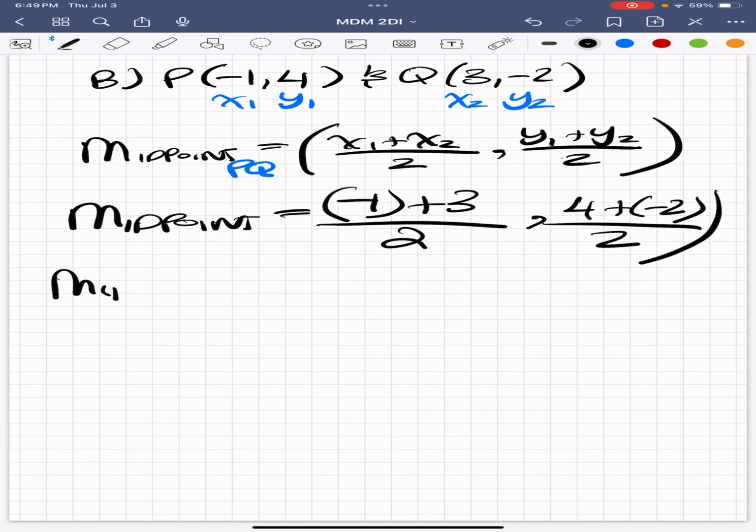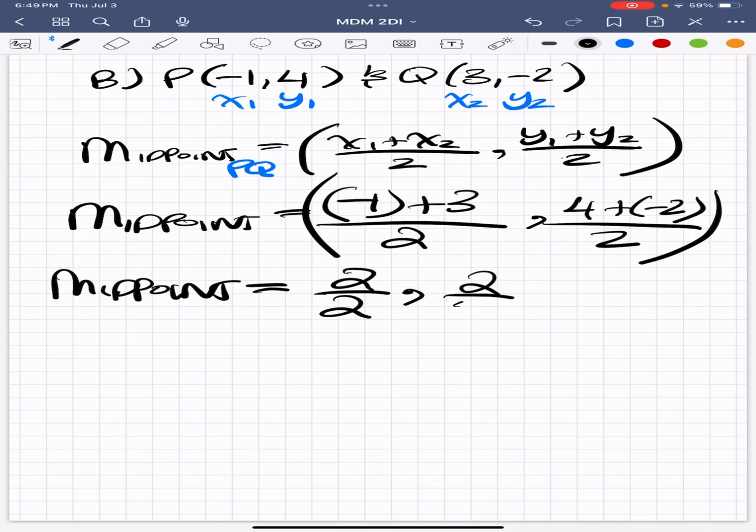Then we're moving on, and we're going to simplify the numerators. So we have 2 over 2, comma, 2 over 2, in brackets.